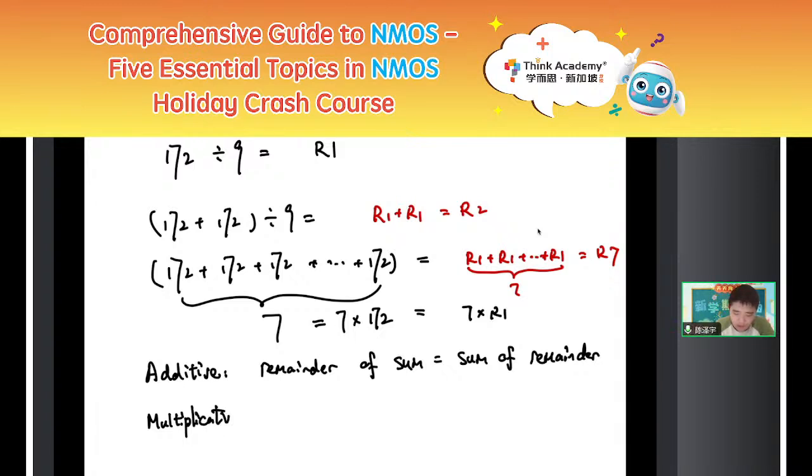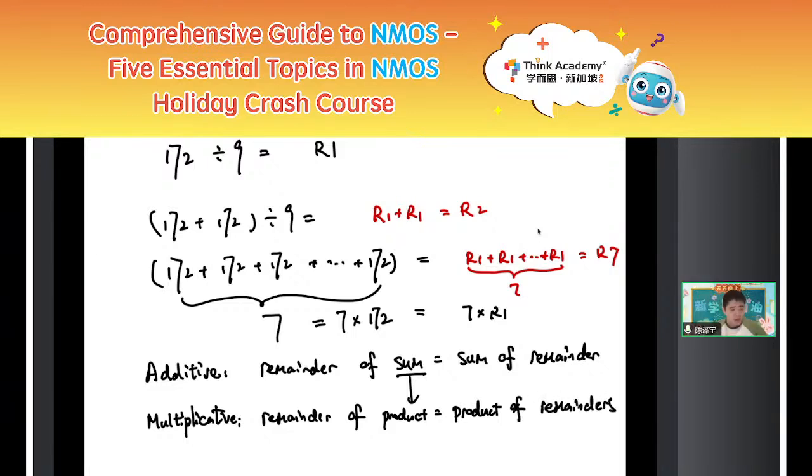It's similar phrasing, I just changed the sum to the product. The remainder of the product is equal to the product of the remainders. Okay, the remainder of the product is the same as the product of the remainders.